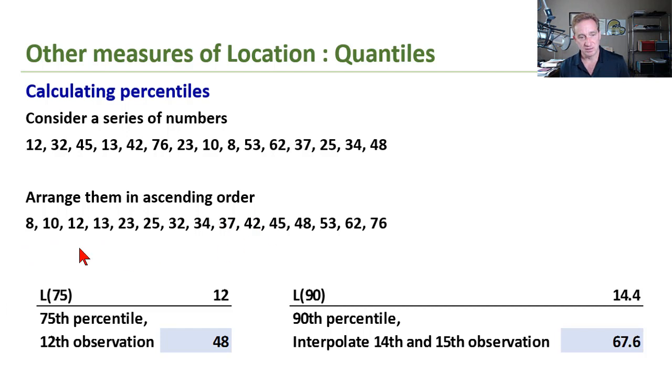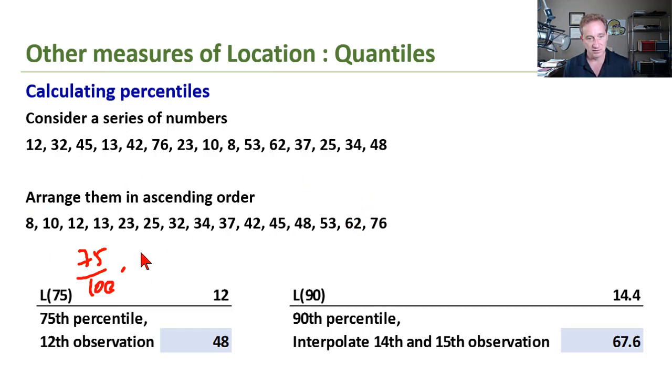Just to make that concrete, we consider this series of numbers here, arranged in ascending order. So here's the first and here's the last. If we want the 75th percentile, the answer here is the 12th observation, because our 75th percentile is 75 divided by 100, or 0.75, and we multiply it by n plus 1.